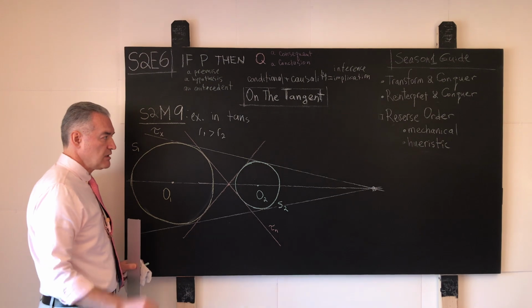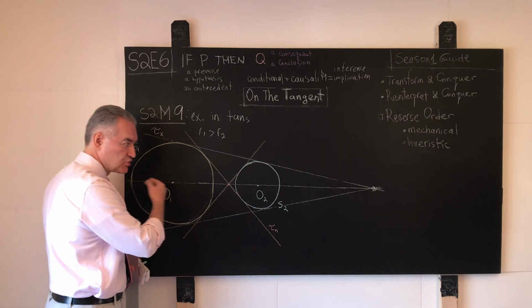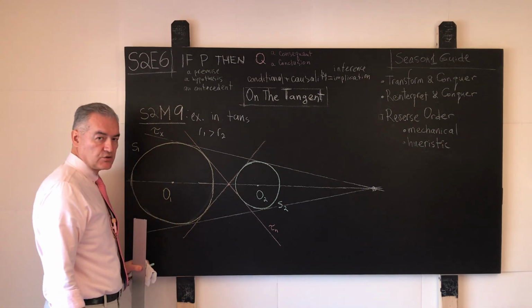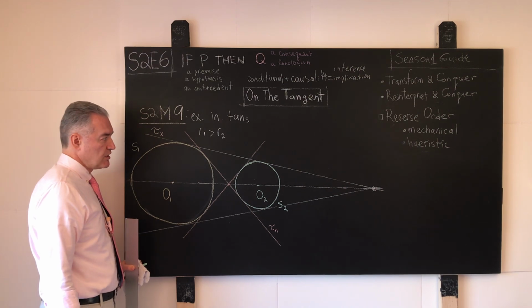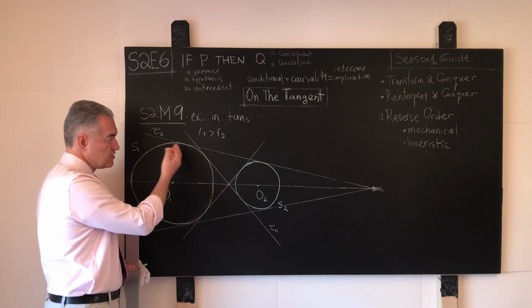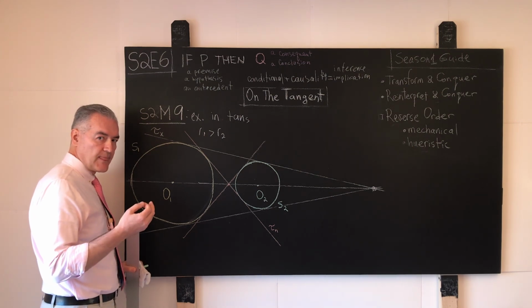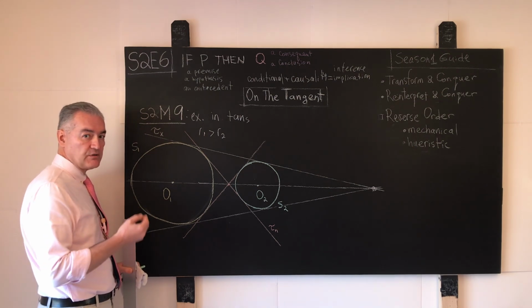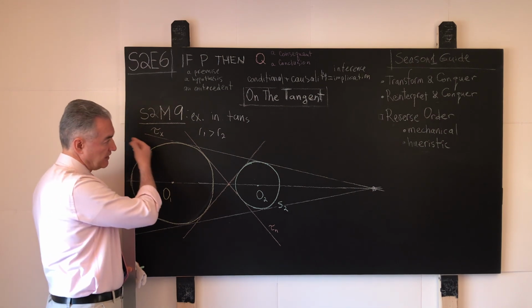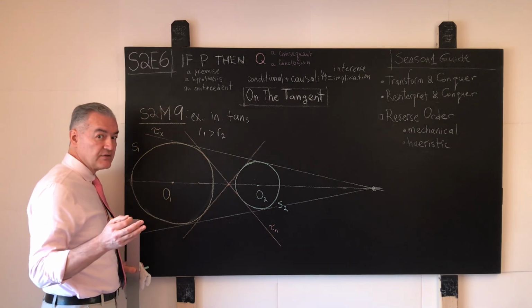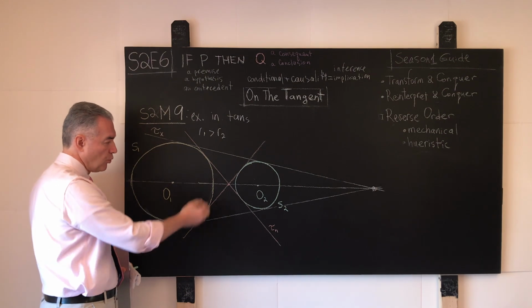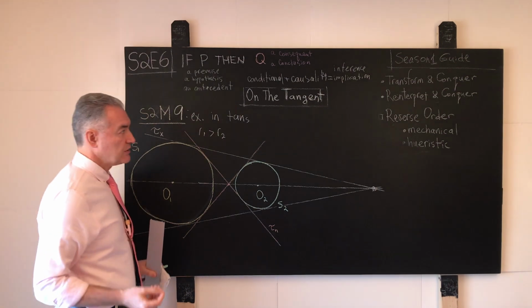So maybe we will begin the search for a solution of this problem with just a tangent to one circle. What type of theoretical material comes to mind when we look at a given tangent to one circle?